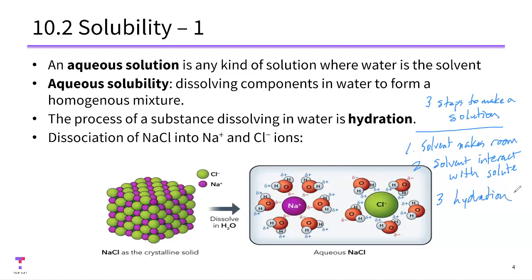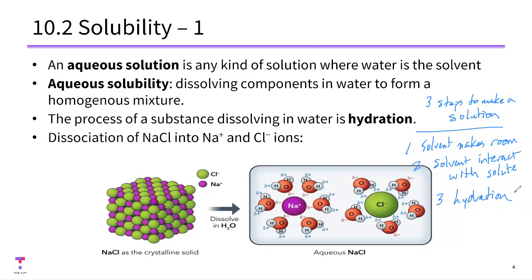And in that third step, what we see is something like this, where the molecules of water start to surround the molecules of the solute. So if it's an ionic compound like this, we'll see that it's going to front itself according to charge.